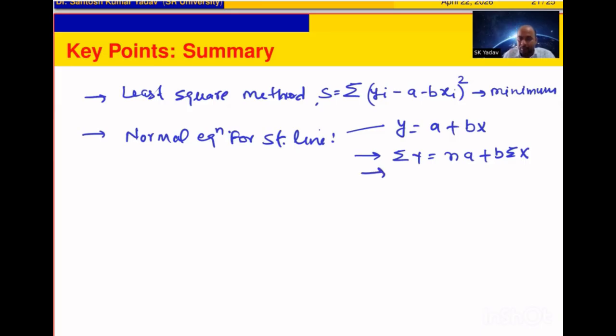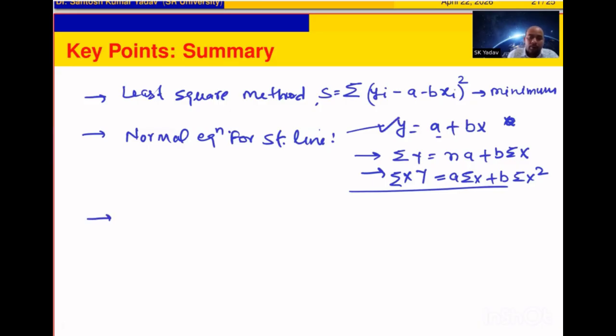The second equation I can obtain by multiplying with x and then taking summation. So summation xy equal to a times summation x plus b times summation x square. So solve for a and b and get the best fit line here.